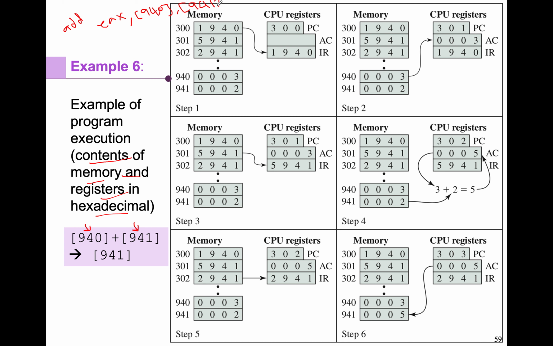Okay, maybe the instruction looks like this. This one is 941. But maybe you can add another one: move 941 inside your register over here, EAX.